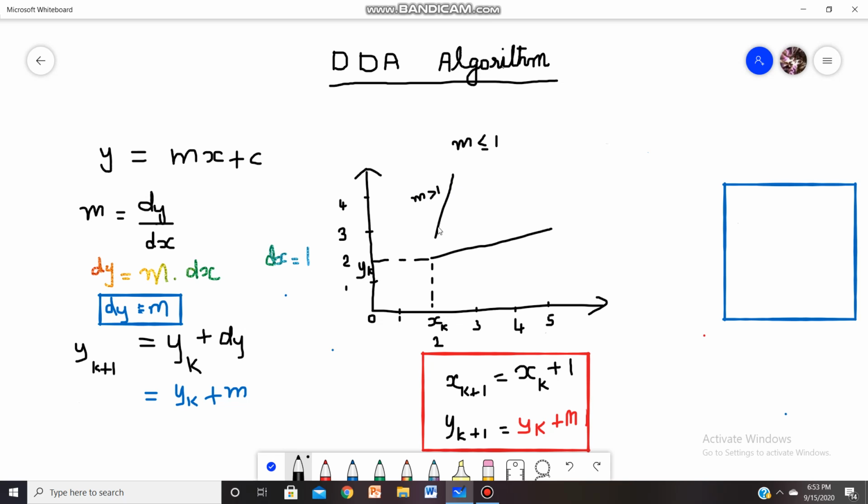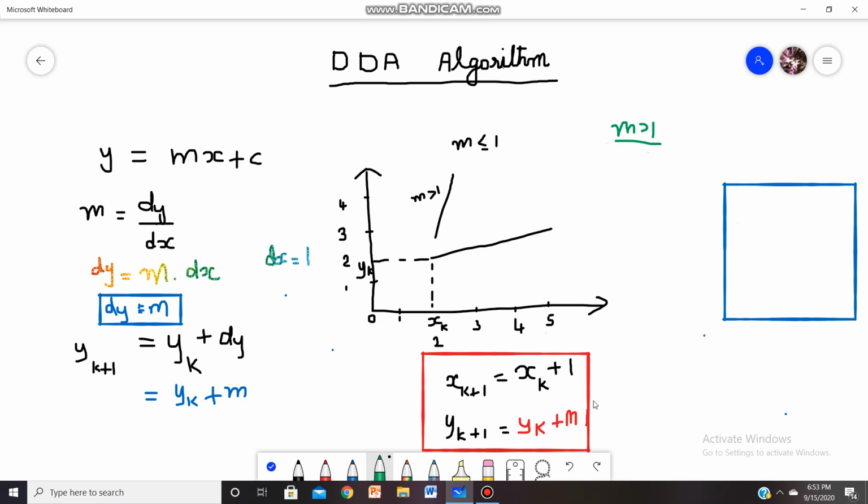If this is the starting point and this is the end point, after the first pixel position, the next pixel position will be inclined more towards the y-axis, and we need to find out the x value similarly. For this, I am going to apply the same trick. For lines with m greater than 1, what am I going to do? Let me take this case.